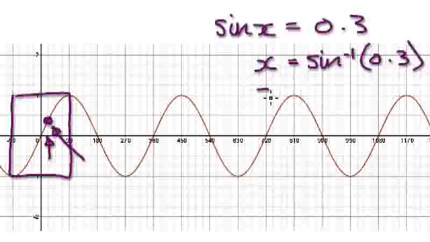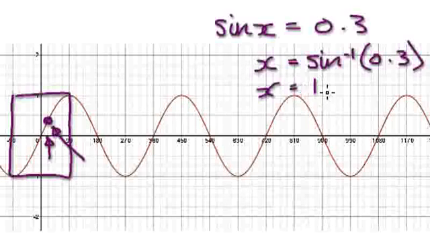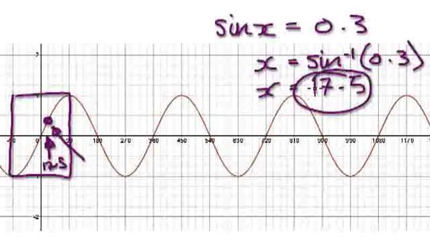So x equals 17.5, so this value here is 17.5 degrees. When you put 17.5 into this x here, it will give you 0.3. Anyway, one solution is 17.5.